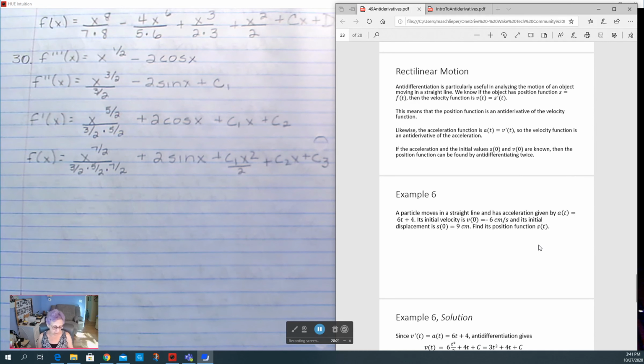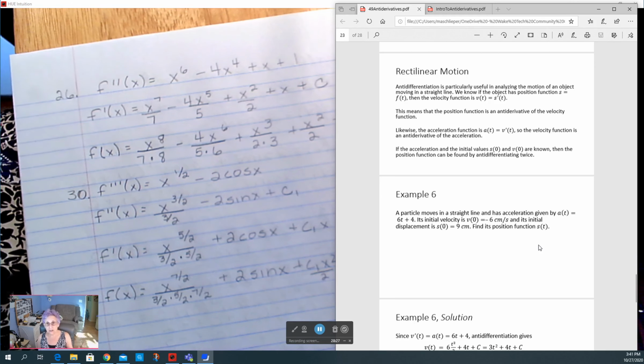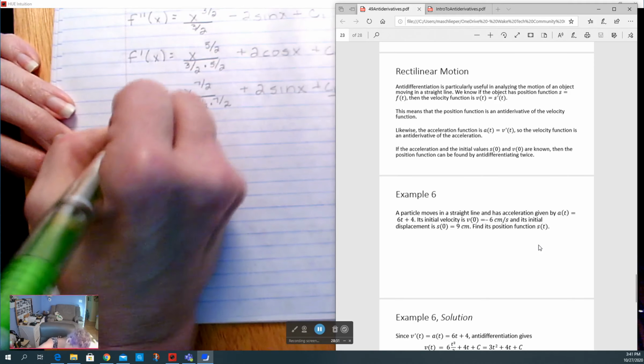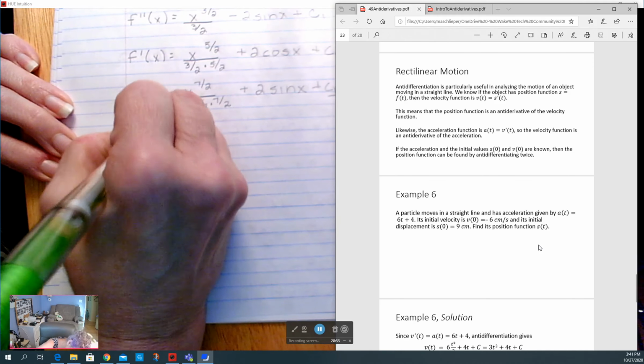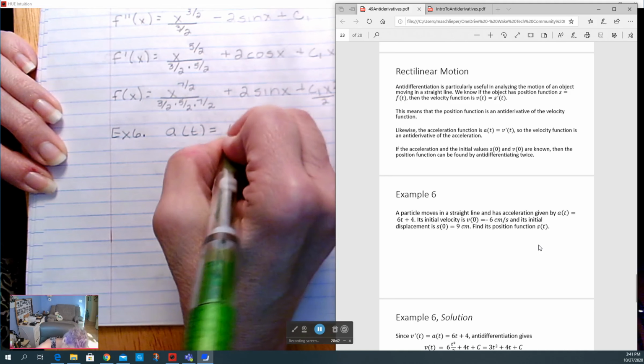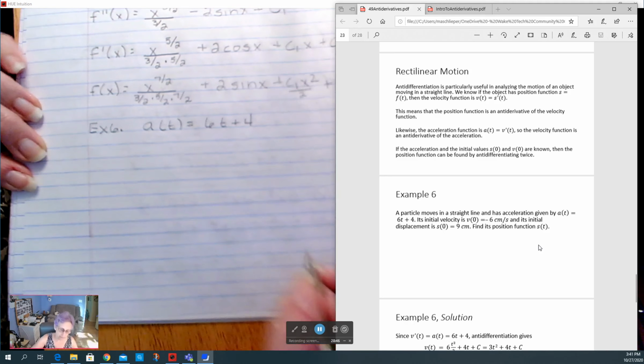It's the exact same thing as what we just did with number 26 here, because acceleration is the second derivative of the position function. So my acceleration is equal to 6t plus 4.